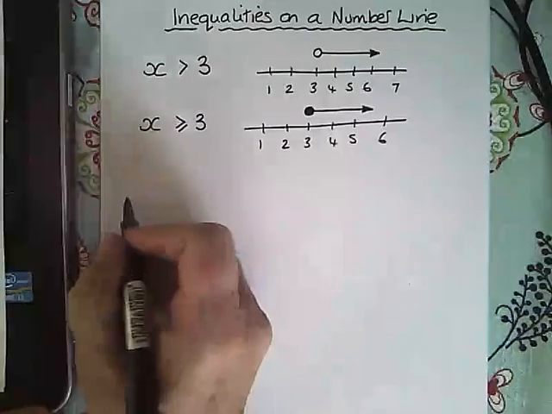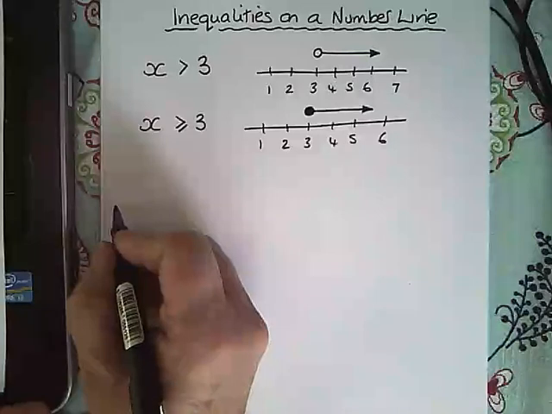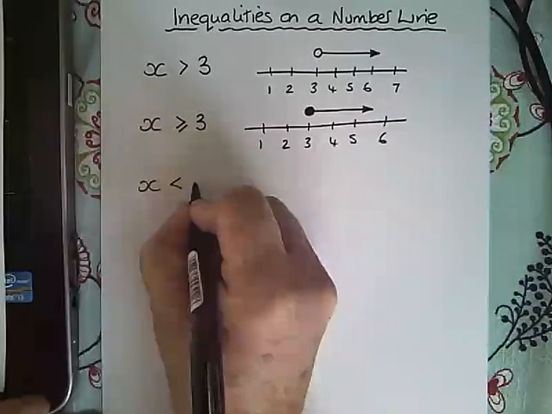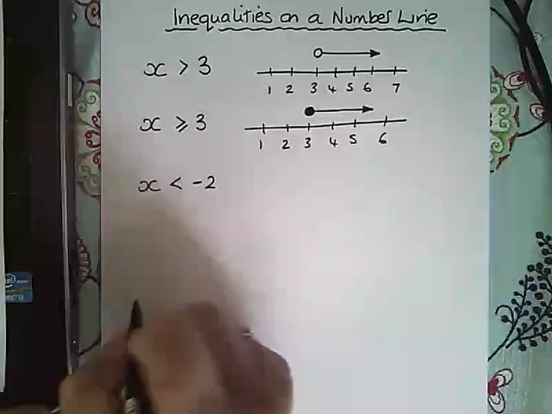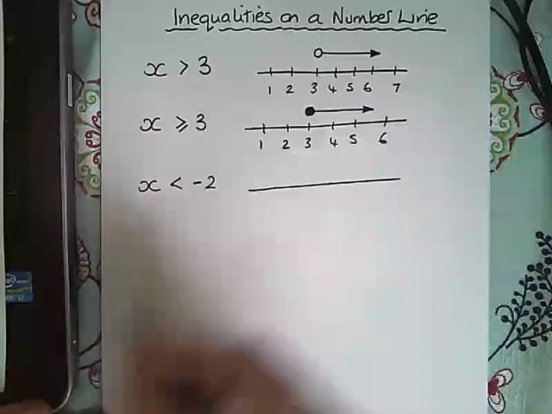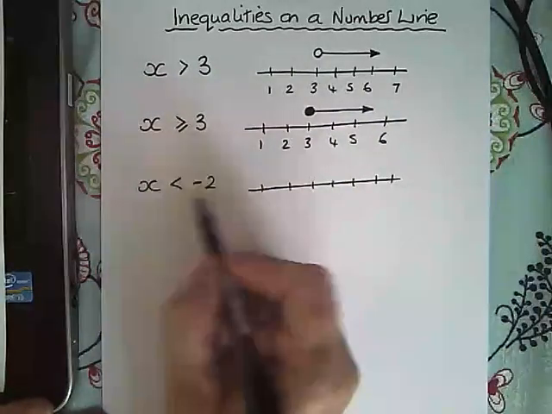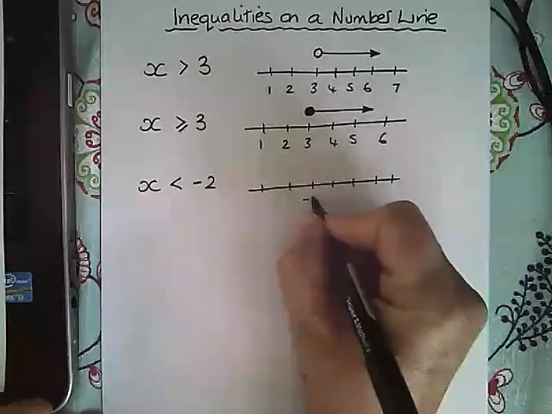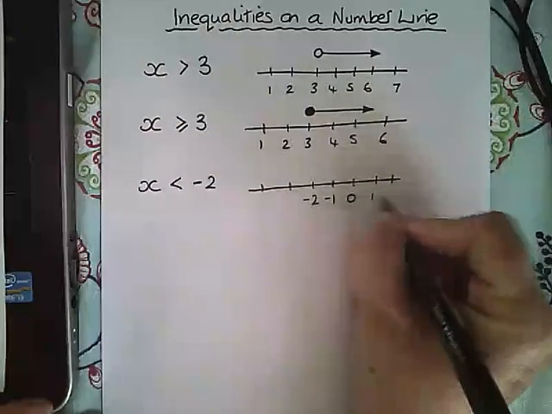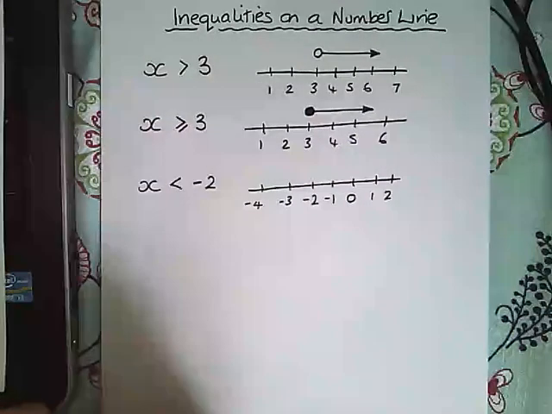If we have a look at a number line where the arrow is pointing the other way, if we have this inequality, x is less than minus 2, draw a number line, put some dashes on it, and then think about where we're going to have our minus 2. Let's put our minus 2 here. So this would be minus 1, 0, 1, 2, minus 3, minus 4.